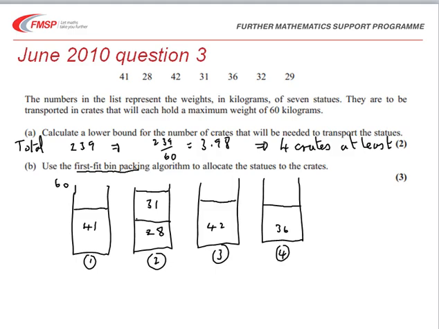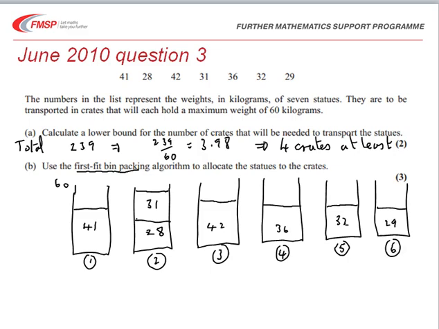And then 32, again likewise won't fit into any of these. And although one would have hoped that the next one would, again it won't, it's too large. 29 goes over our total, so we need a 6th bin with 29 in it to get our statues crated up.